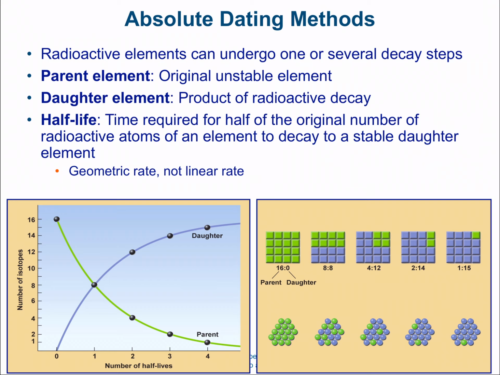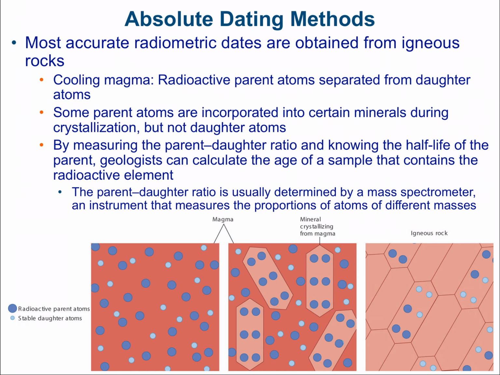After another half-life, we now have 4 units of parent and 12 units of daughter. Another half-life, we have 2 units of parent, 14 units of daughter. And then after another one, we have 1 unit of parent and 15 units of daughter. So you can see as your parent decreases, your daughter increases.